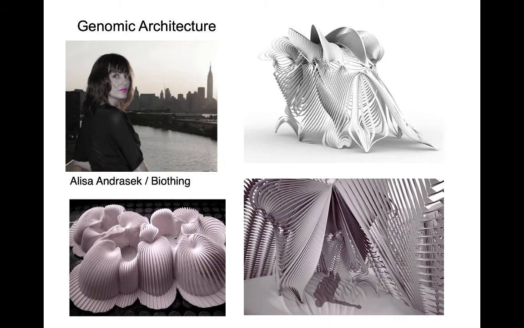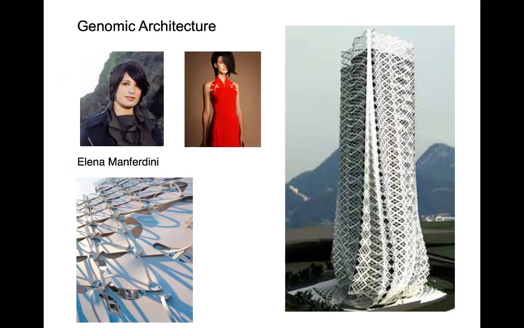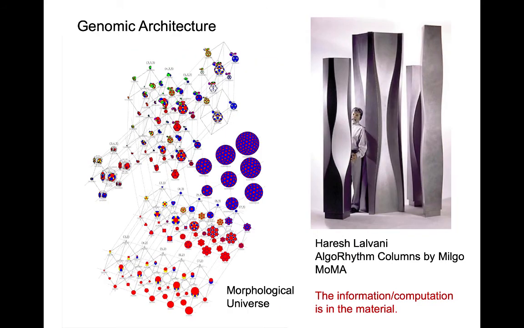Alicia Andrusak, who is doing biological analogies of this approach. Elena Manfredini, who's applying this to both fashion and architecture. Haresh Lalvani, this is his morphological universe. Now here, columns just like this are in the Permanent Collection of the Museum of Modern Art.